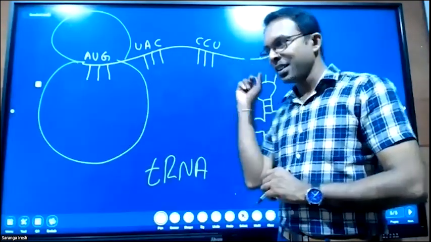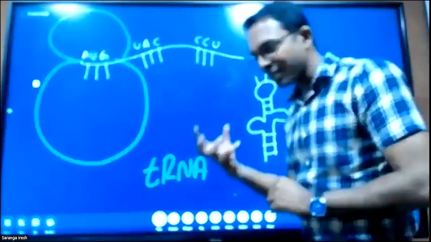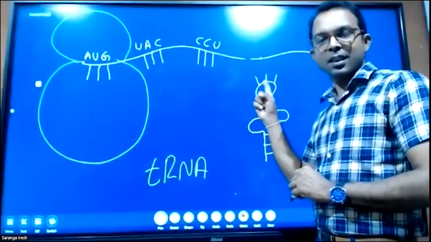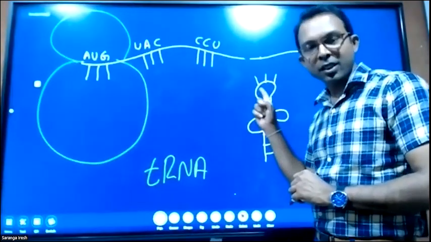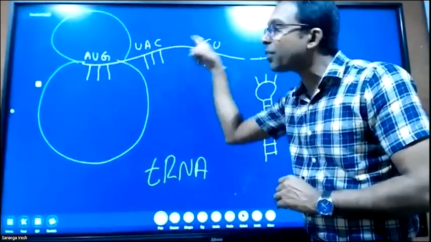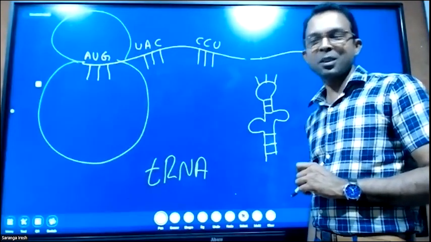Right? We have tRNA in the cells which has triplets of bases which can be complementary to any one of the codons in mRNA. That's the most interesting thing.